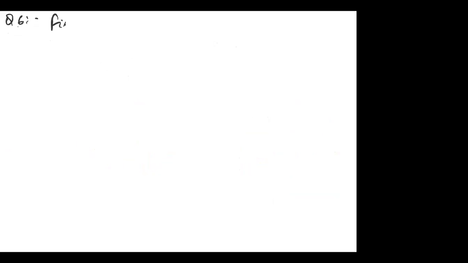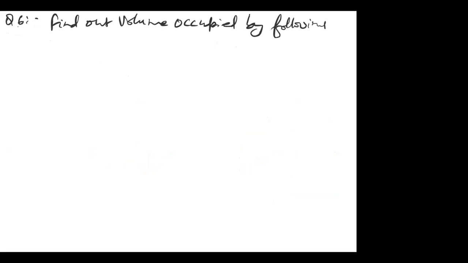Find out the volume occupied by the following at NTP, which is normal temperature and pressure. The first one is 11 gram of CO2 molecule. We can do it one by one.